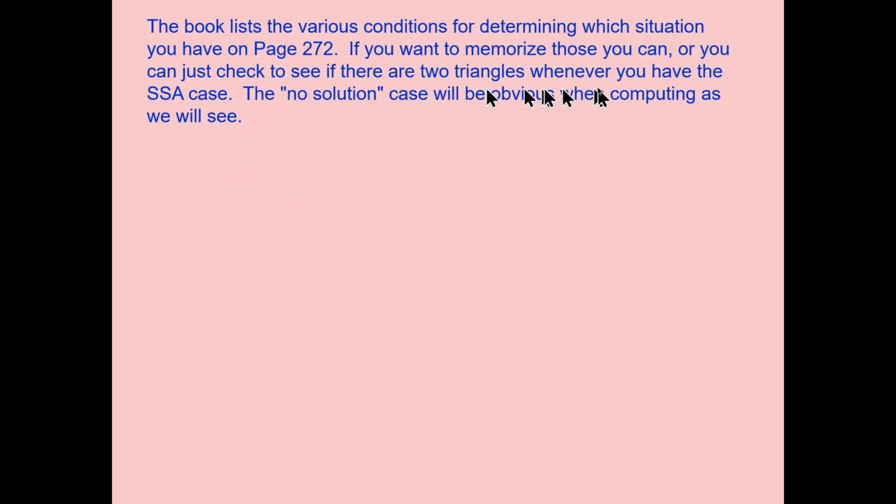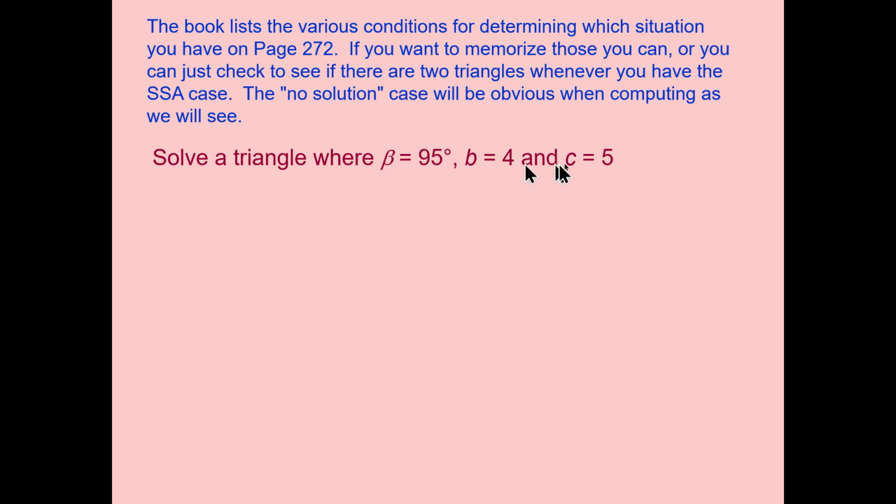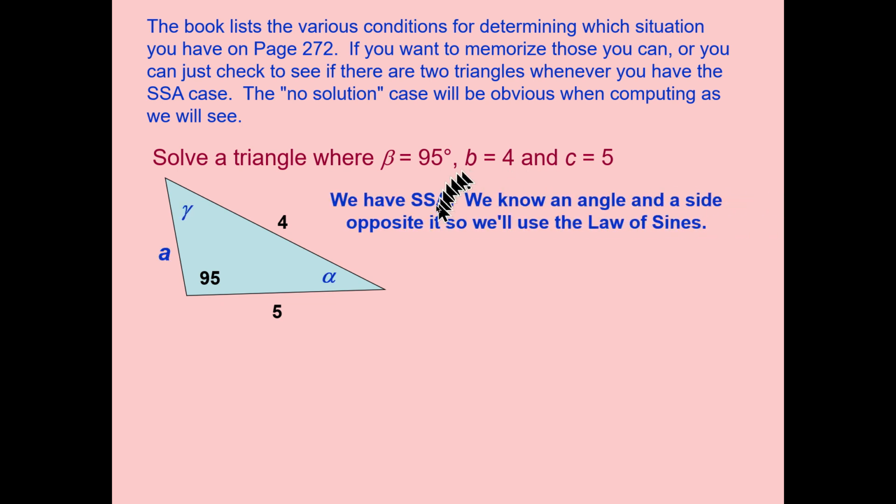So, the no solution case will be obvious when computing, as we will see. In this case, we have beta is 95, B is 4, and C is 5. We label it. We know an angle and a side opposite, so we can use the law of sines. Cross multiply and divide.